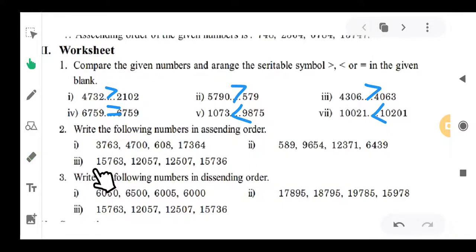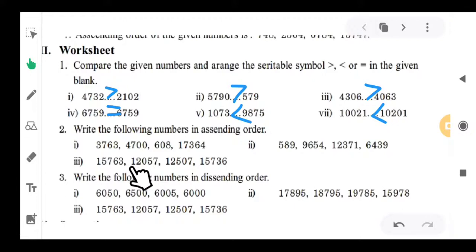So in next one, this is 15,763, this is 12,057, this is 12,507, this is 15,736. So first of all choose the smaller one. So this is 15,000, this is 12,000, this also 12,000, this 15,000. So these two are 12,000.